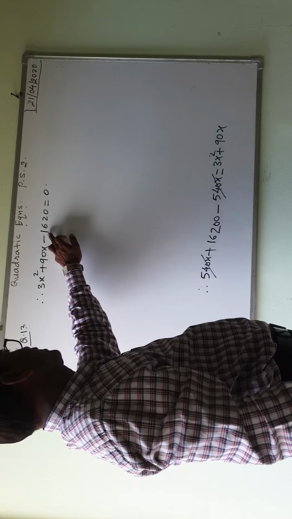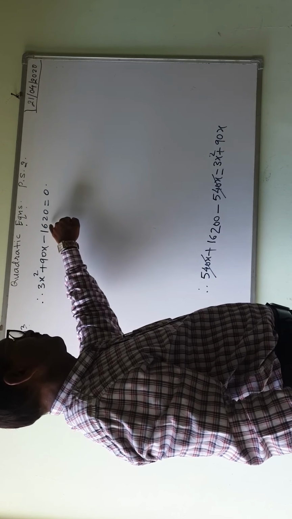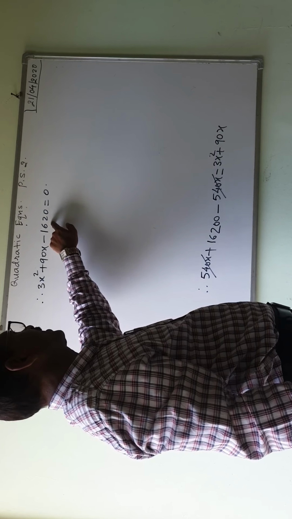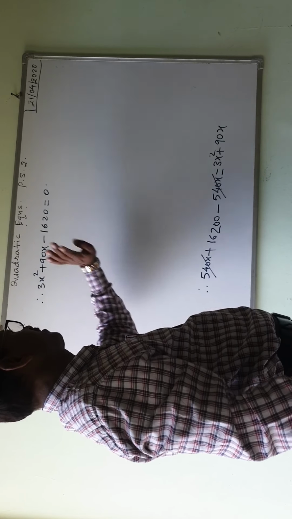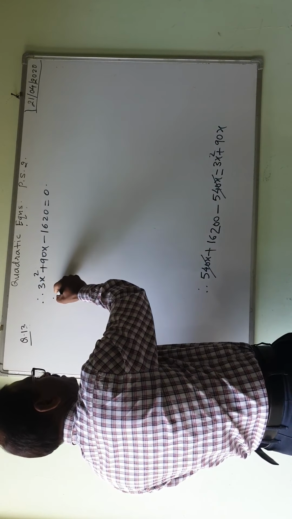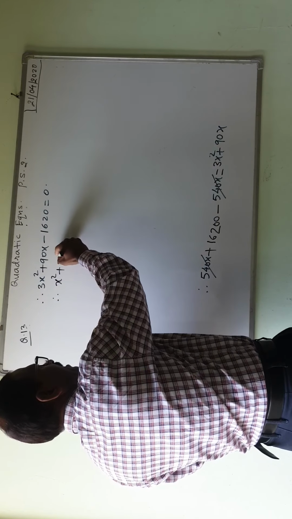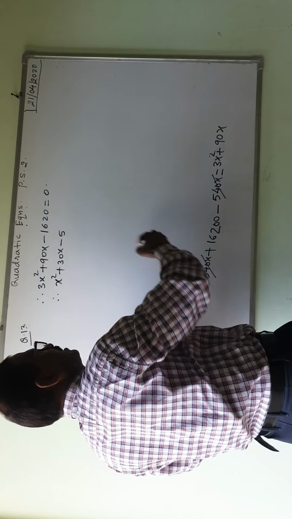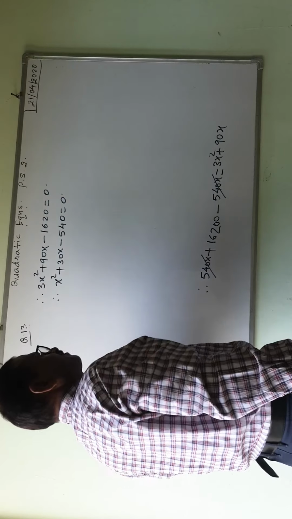Check whether I can divide by 3. Definitely 90 is divisible. Now for this, use the divisibility test. 6 plus 2 is 8, 8 plus 1 is 9, 9 is in the table of 3, so we can divide by 3. Therefore divide: x square plus 30x minus, 3 5s are 15, 3 4s are 12, is equal to 0, 540.